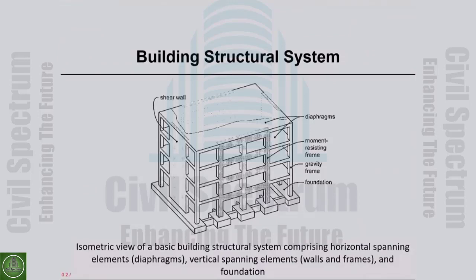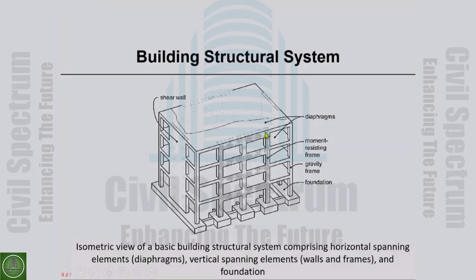This picture is lacking in quality, but anyway, it's an isometric view of a basic building structural system comprising horizontal spanning elements, which are diaphragms, vertical spanning elements, which are walls and frames, and foundation. So the foundation is here. This is gravity.